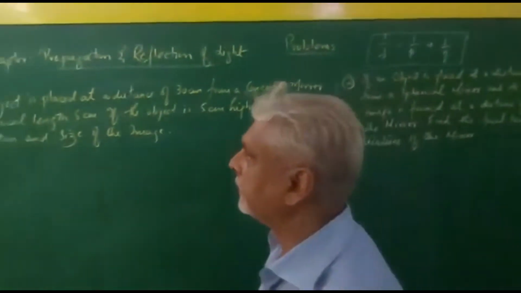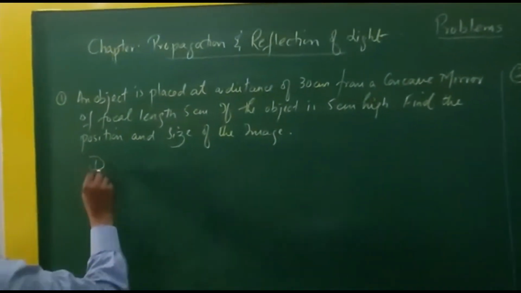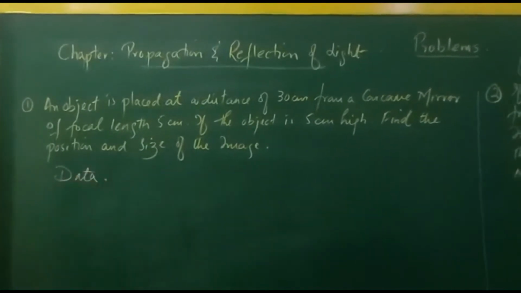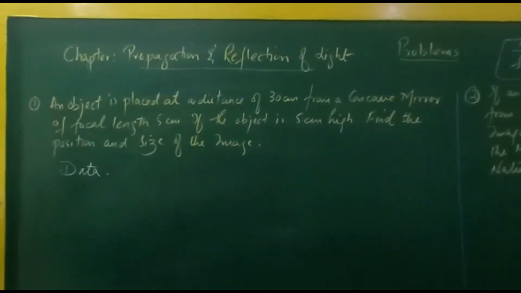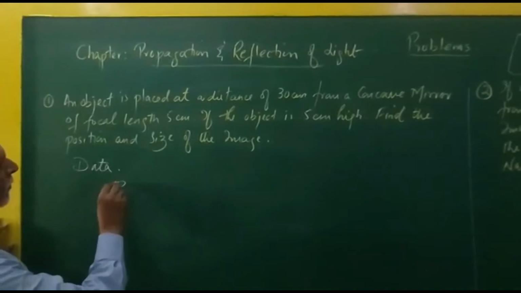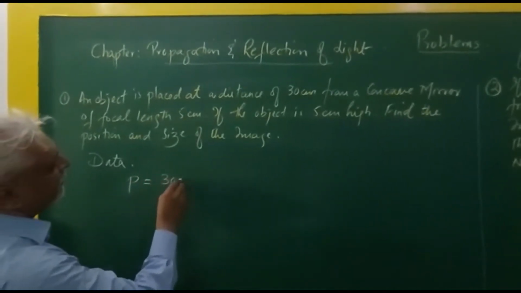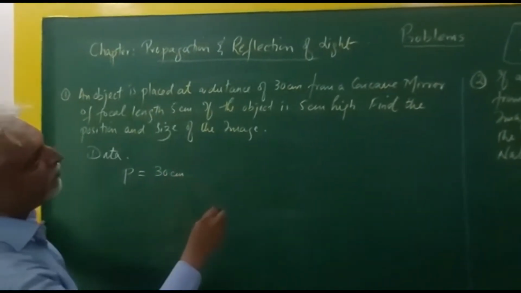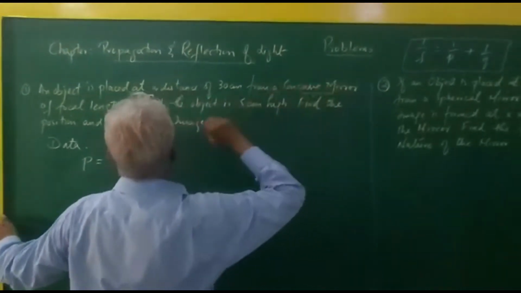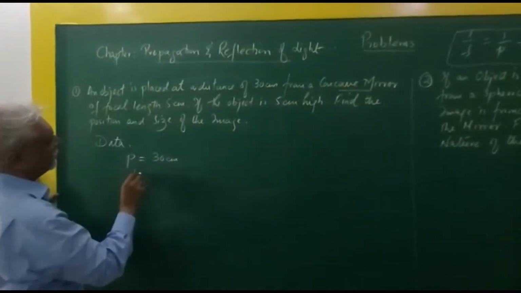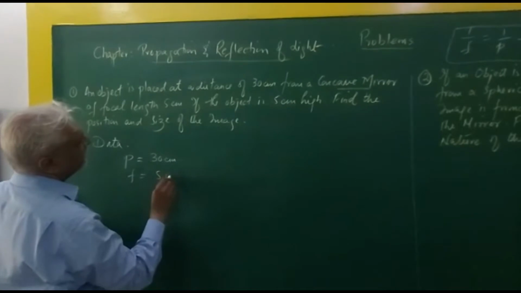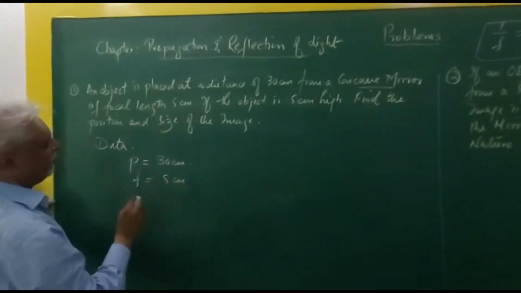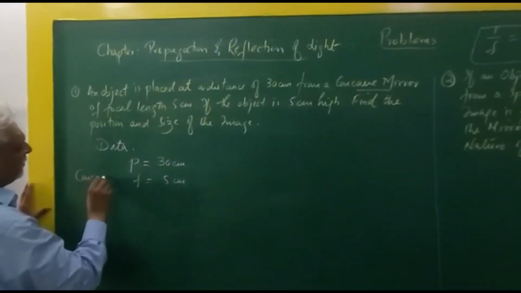So now let's start with the first question. We write down the data first. An object is placed at a distance of 30 centimeters, so object distance P is 30 centimeters, from a concave mirror. The concave mirror has a focal length of 5 centimeters.